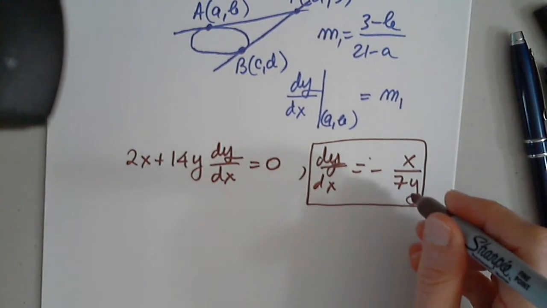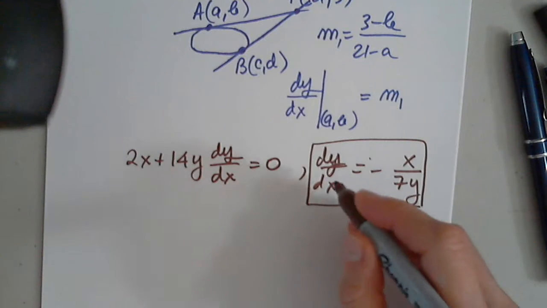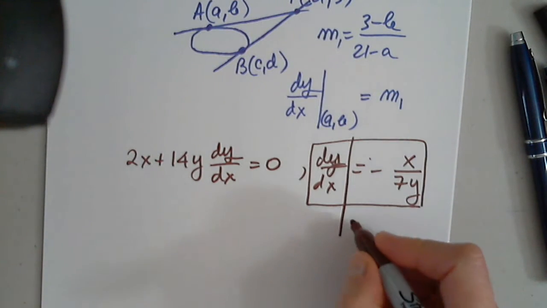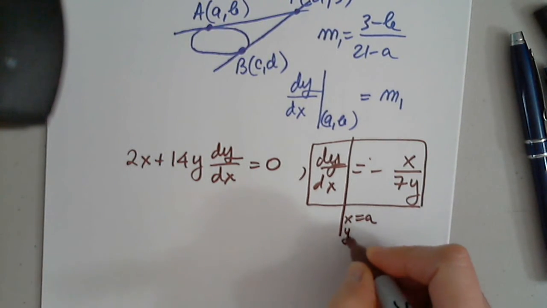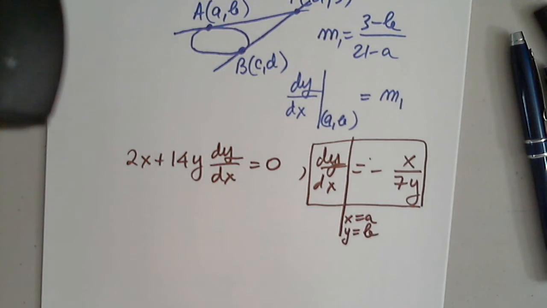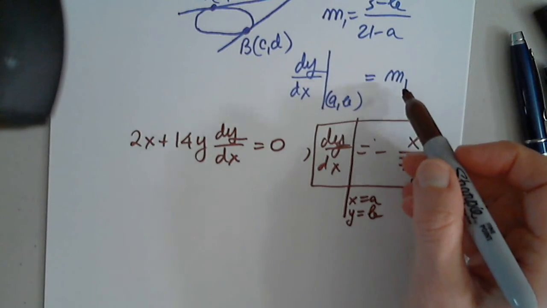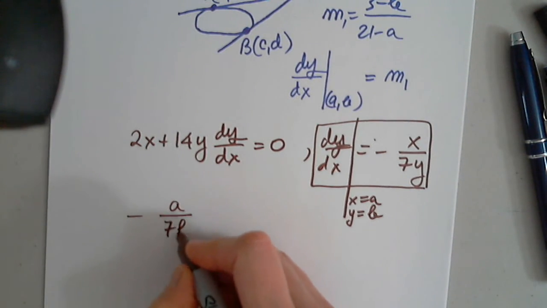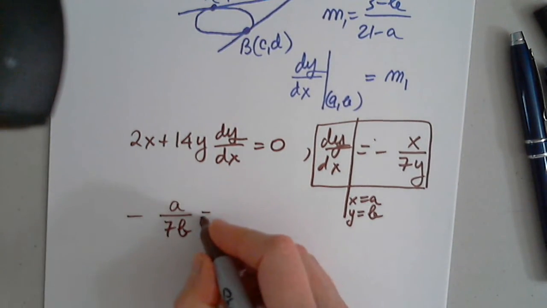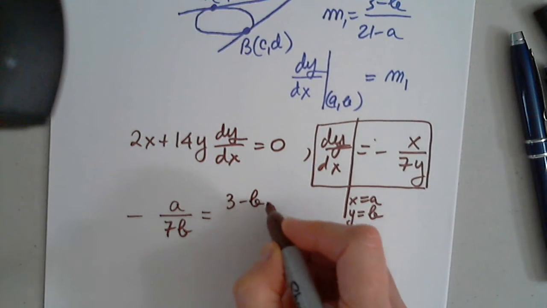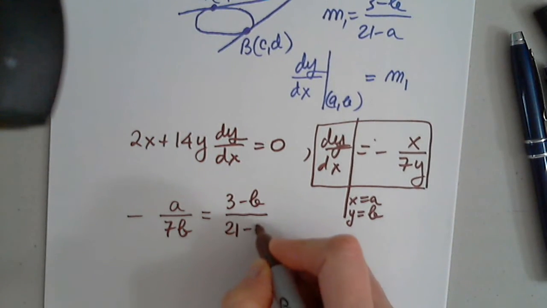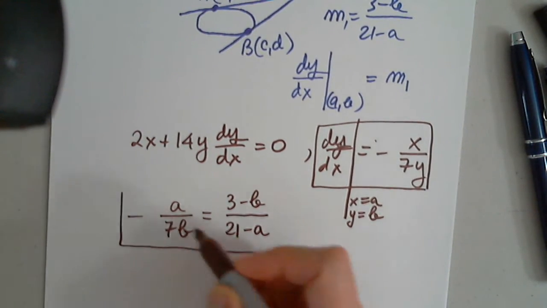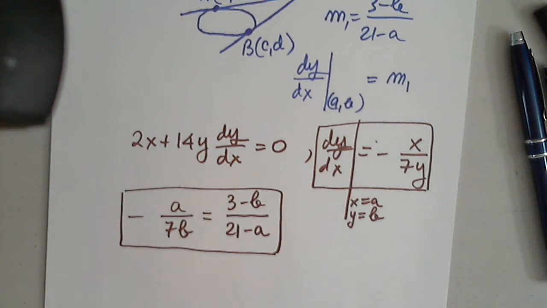So in this equation, if I evaluate for x equals A and y equals B, I will get m1 to be negative A divided by 7B, which has to equal (3 minus B) divided by (21 minus A). Is this understood? Yes.